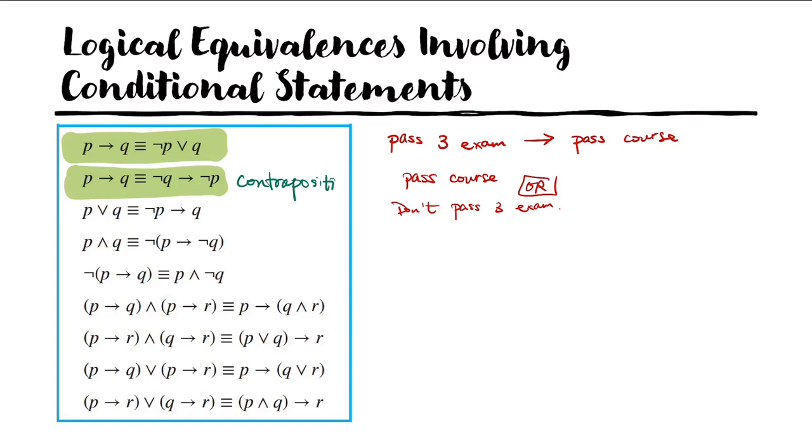This is the contrapositive statement of P implies Q. And we know P implies Q is the same as its contrapositive statement. So if you pass 3 exams, you will pass the course. This is the same as saying, if a student doesn't pass the course, it implies that the student must not have passed all 3 exams.